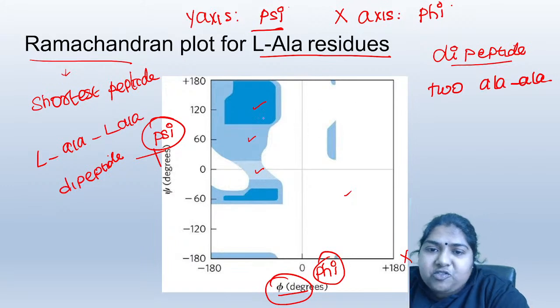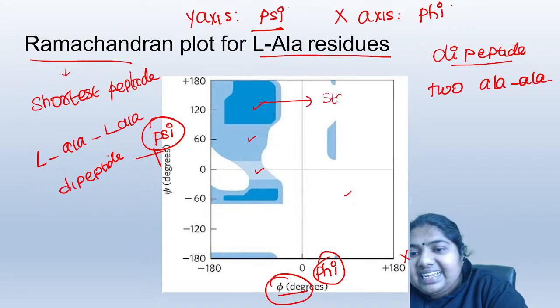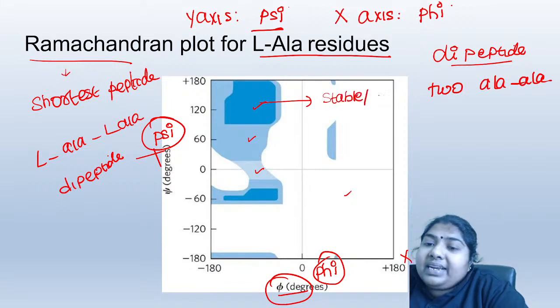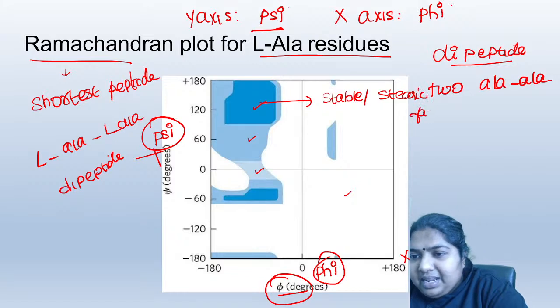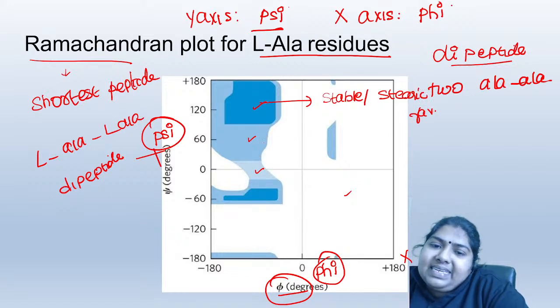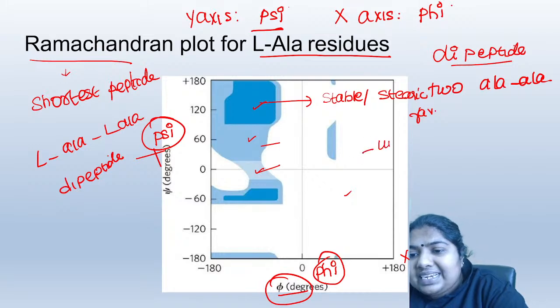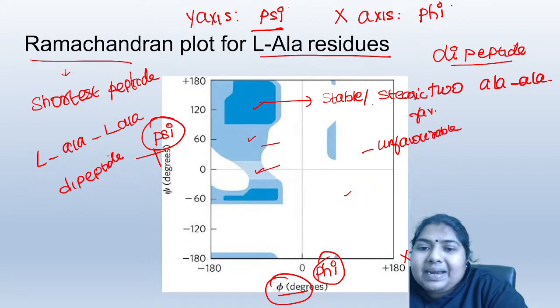If the color is very dark, it shows that it is highly stable, theoretically favorable. This is a little bit less. This you can call highly unfavorable. This is totally unfavorable. But these are all a little bit favorable, guys. Got it? So now the coloration is clear to you.